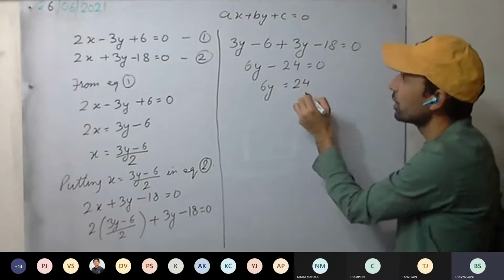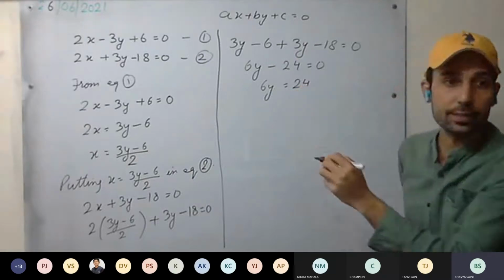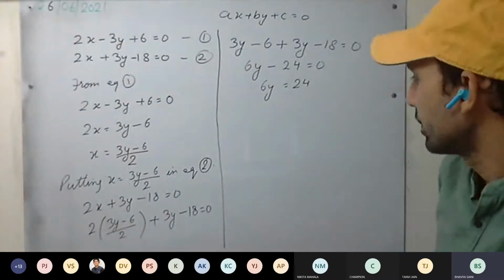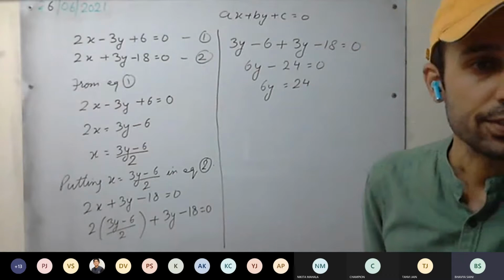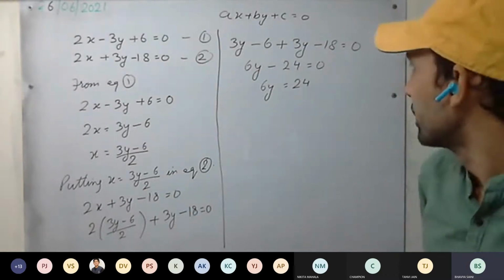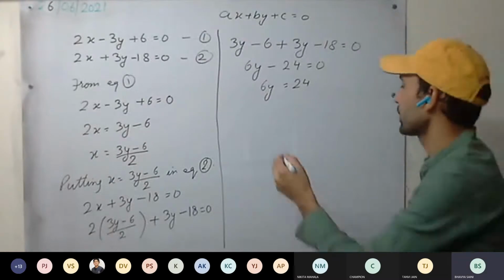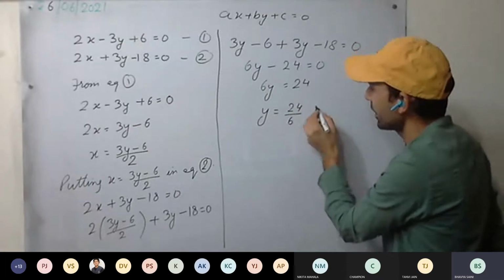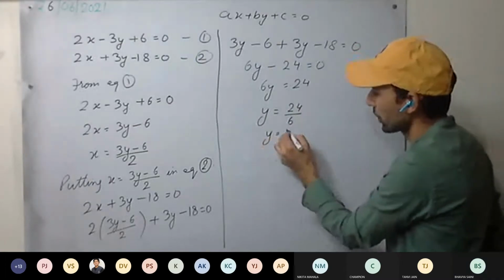6y equal to 24. Yes, what's the doubt? Sir, y value 4. Yes, y value is 4: 24 divided by 6, so y equal to 4.